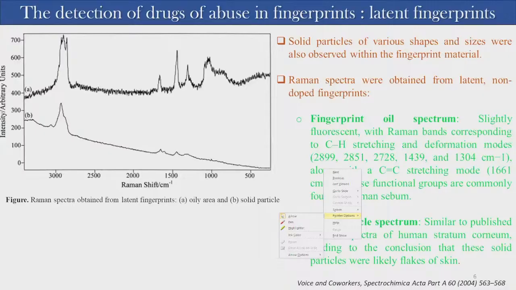So these are the peaks. You have to know which comes from the oily sample, and the solid particle pattern. This one is the flake of the skin that I have told you.